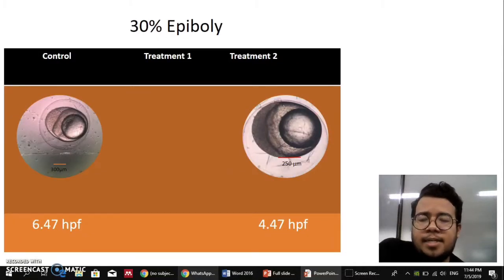For epiboly, control took quite a long time to achieve this stage, but treatment 2 already had quite a fast time to reach this stage. But for treatment 1, there is no image available due to human error.